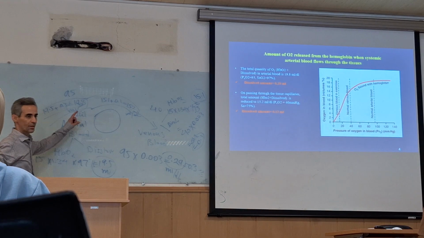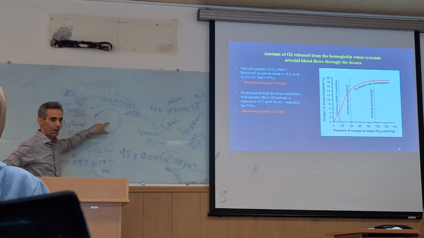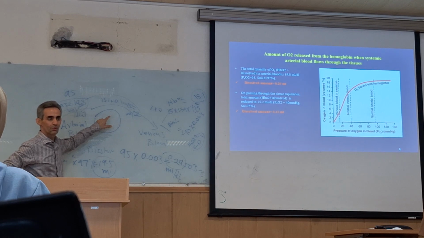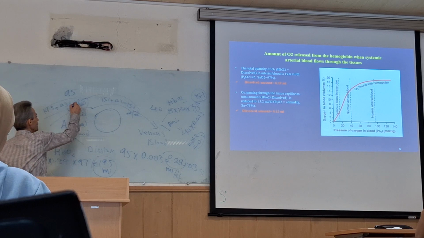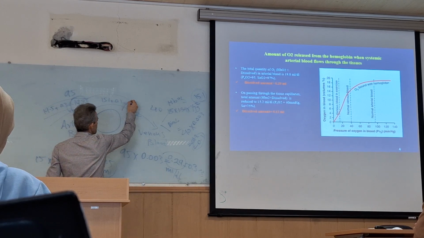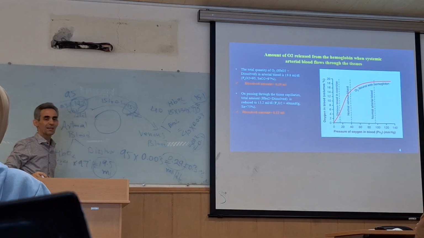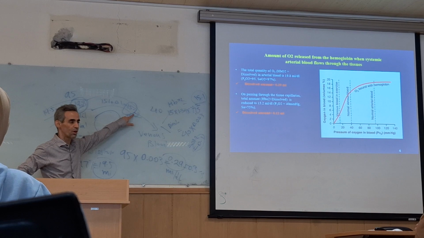Tell me, how much oxygen is taken up, or absorbed, by the tissue from each deciliter? Here we have 19.8, but here we see that the remaining amount of oxygen is only 15.2.